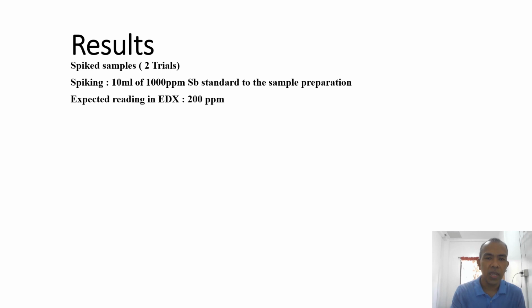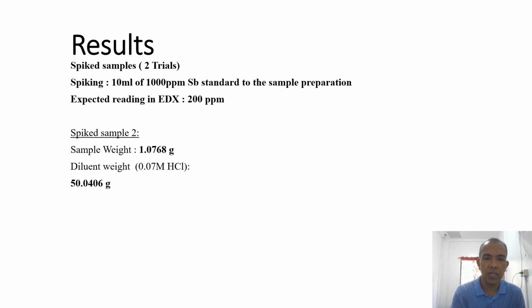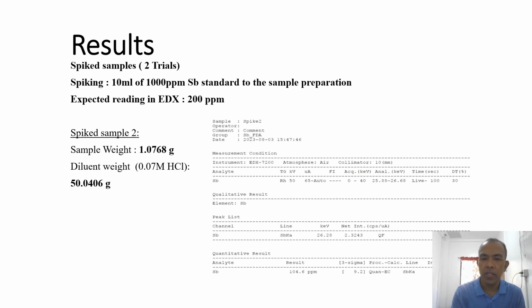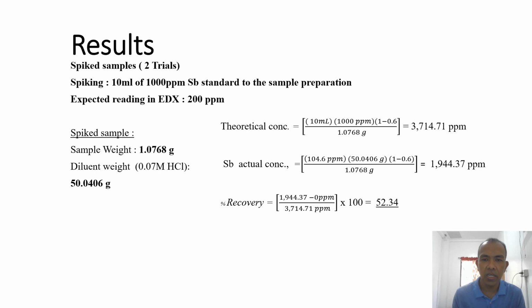Next, for the trial 2, again same spiking method. This is the weight, this is diluent, and then I got 104 ppm only instead of the expected 200 ppm. Then next for the computation, again following the previous computation, here this is a theoretical. It varies.